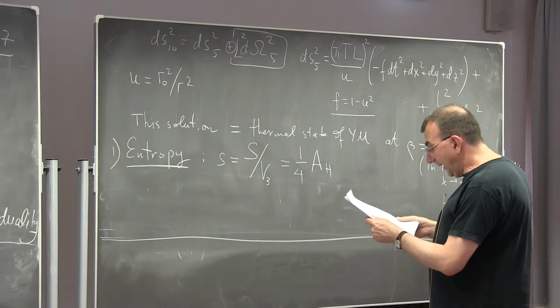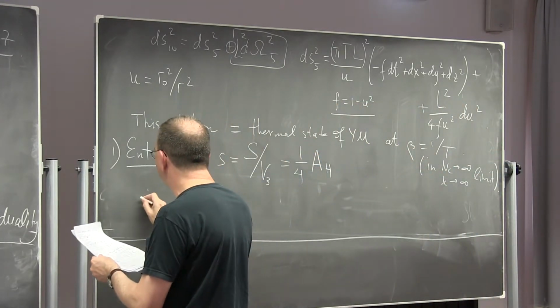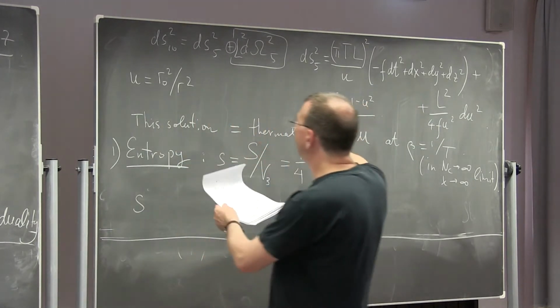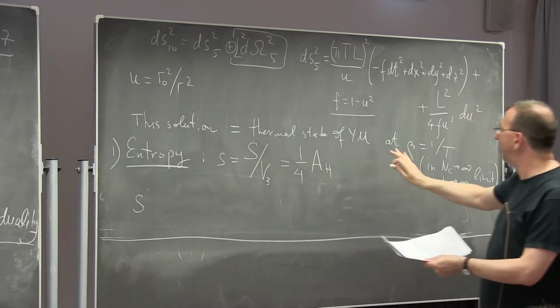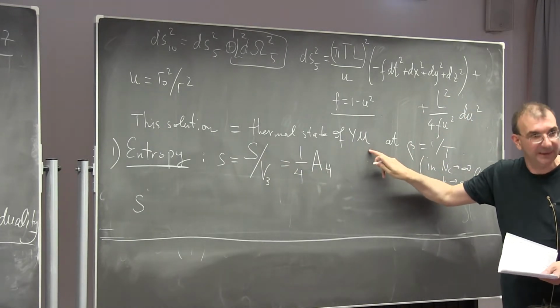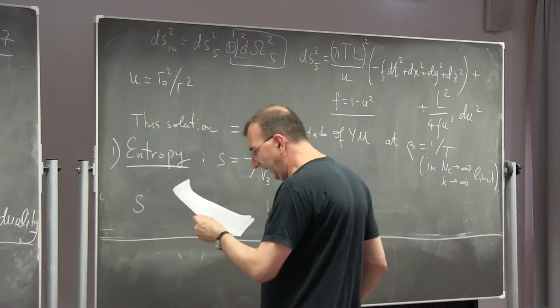All right, and you can do this, and this gives you a first holographic result. Remember that whatever you compute, the entropy of this state is supposed to be the entropy of Yang-Mills theory at infinite coupling and infinite N_c. So let's see what we get as the area of the horizon.